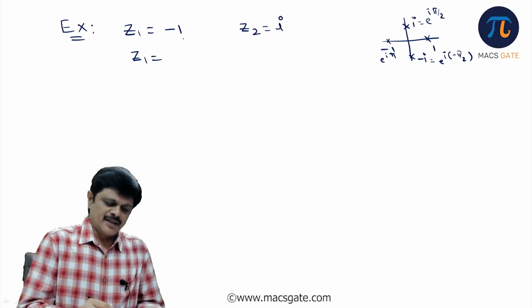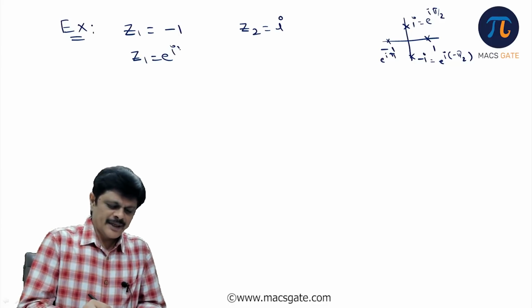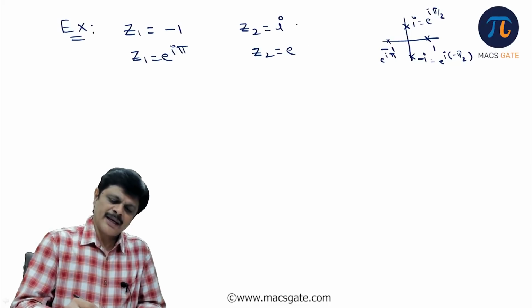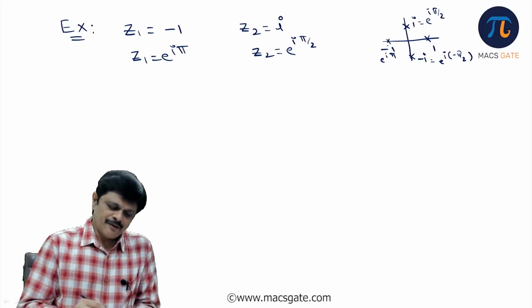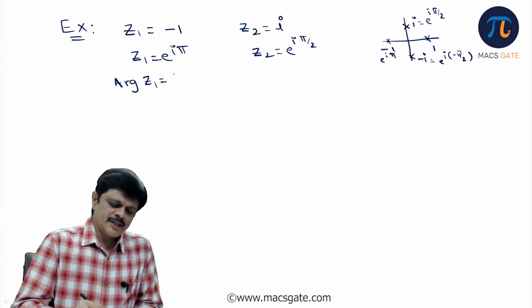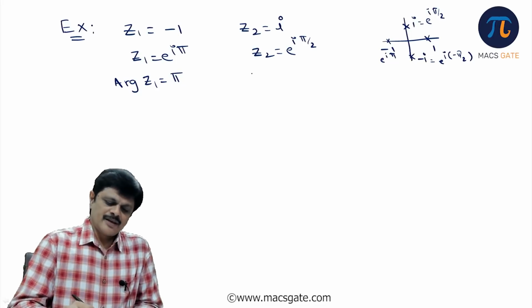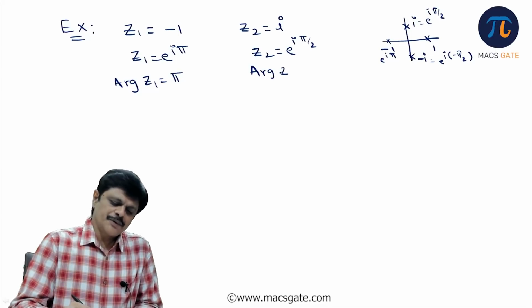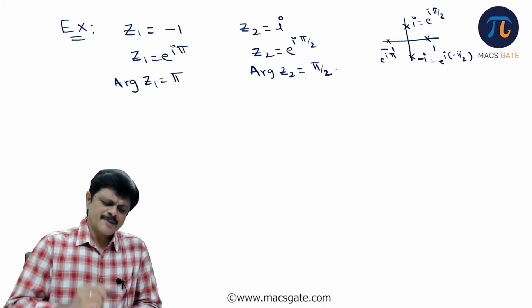Please remember that. And Z2 can be written as e power i pi by 2. Is the idea clear? So what is the principal argument of Z1, sir? Principal argument of Z1 is pi. What is the principal argument of Z2? Pi by 2.